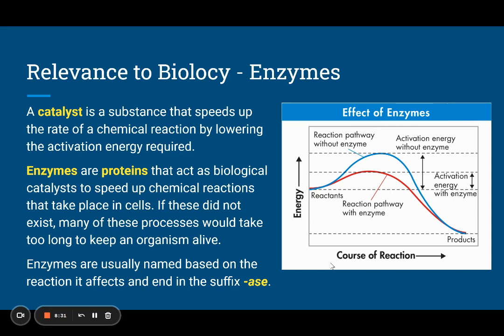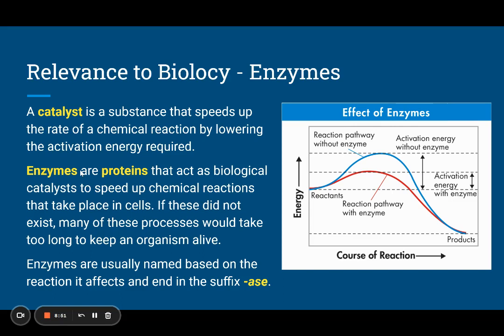So catalysts in biology make life possible. So we have a class of proteins called enzymes that act as one of our biological catalysts to help speed up chemical reactions.